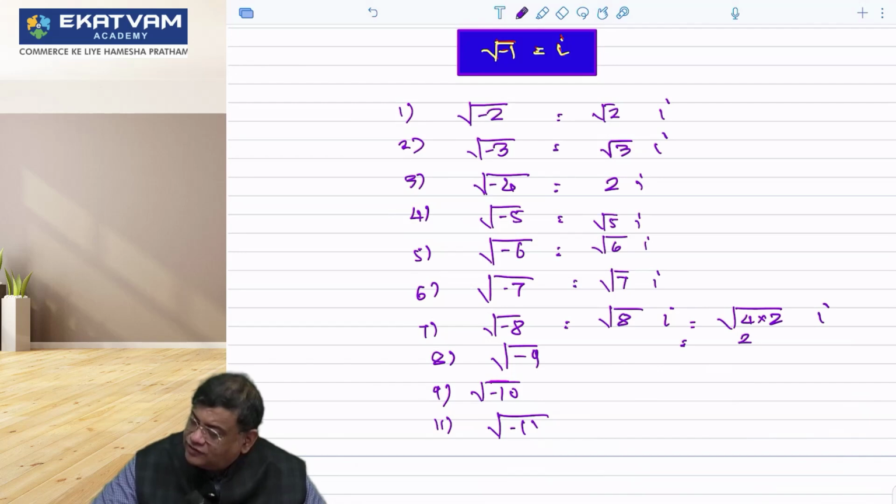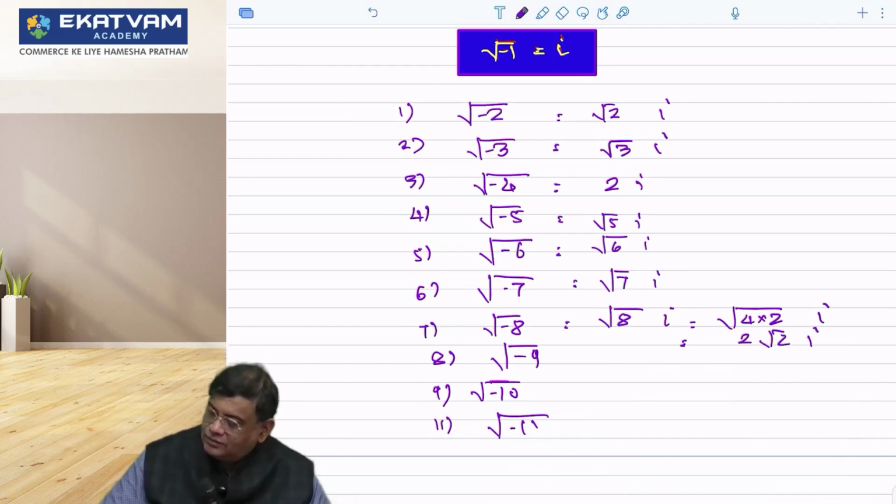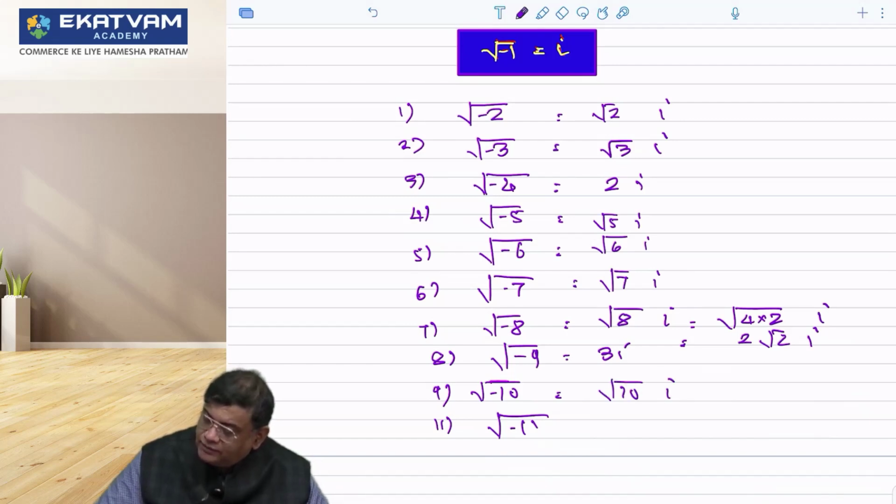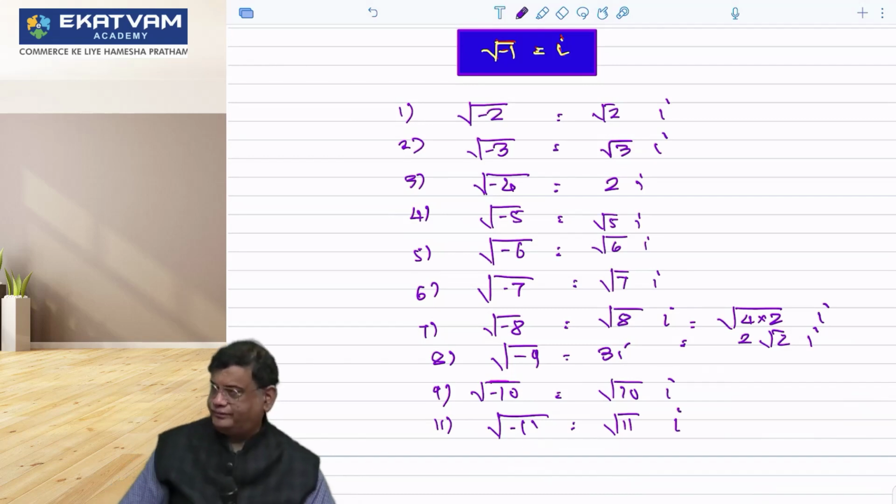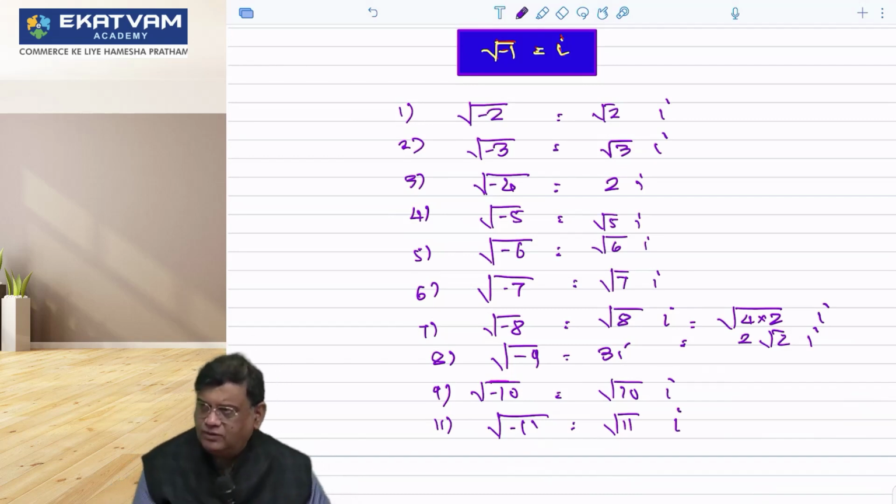So you can also say this is 2 root 2 into i. This will be 3i. This will be root 10 into i. This will be root of 11 into i. Is that clear?